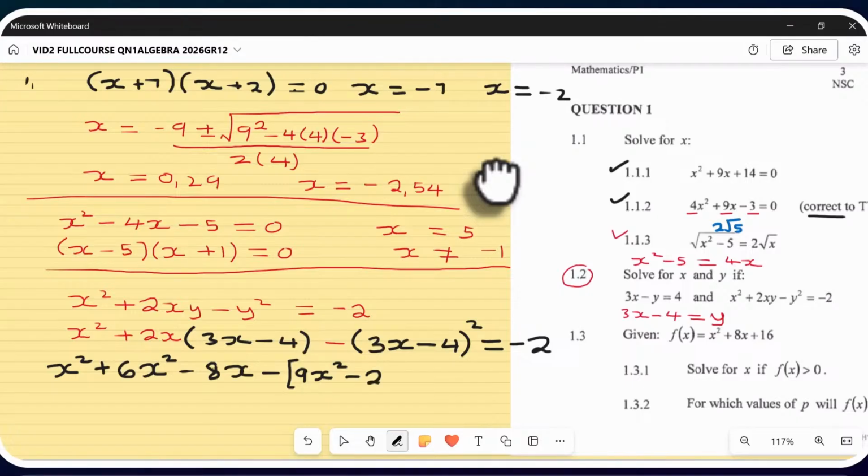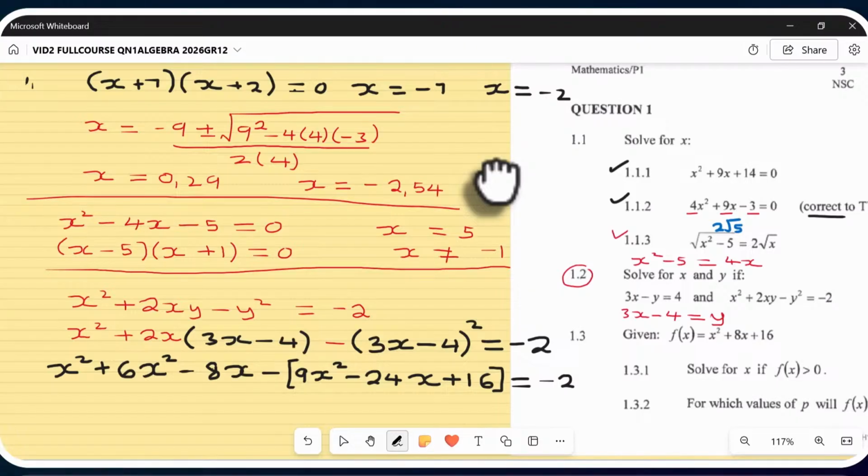Okay, so now collect like terms. x squared plus 6, that is 7. x squared minus 9, that's negative 2x squared. So minus 2x squared plus 2x squared. Okay, so then the negative 8x plus 24 gives us positive 16x.